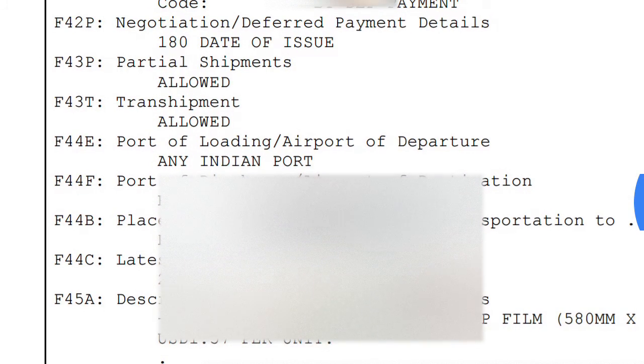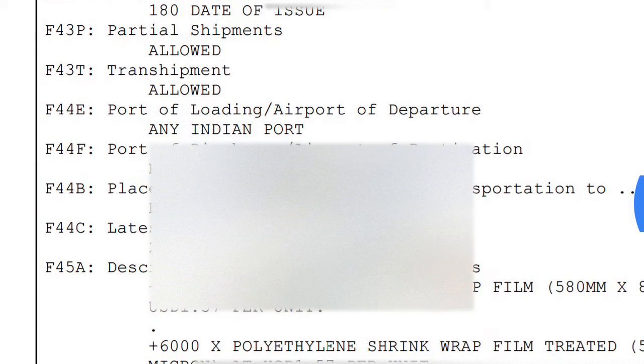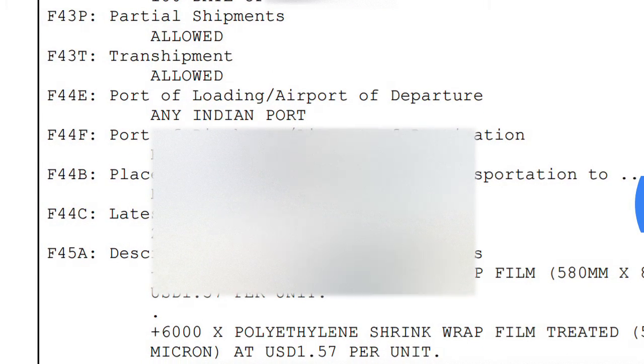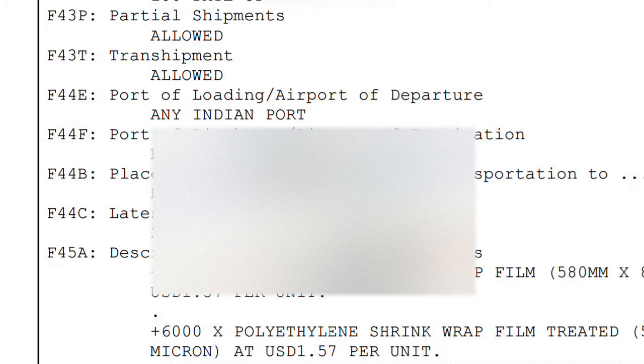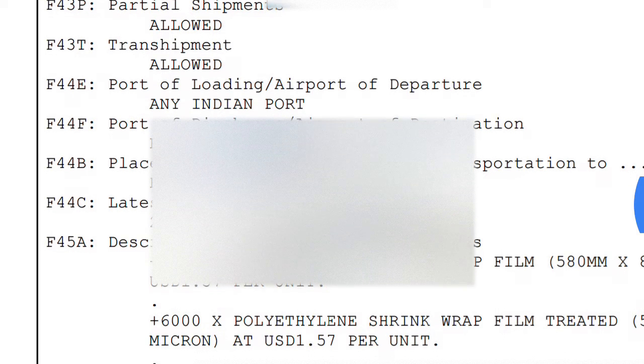Transshipment means we can change the shipment route, for example if our shipment is coming via a specific port, we can change the shipment and route.